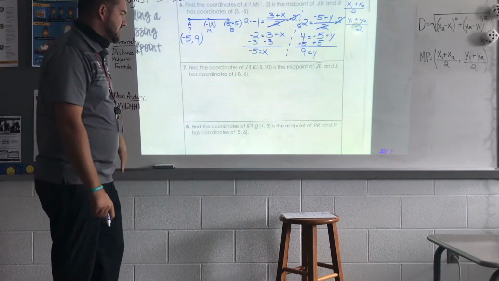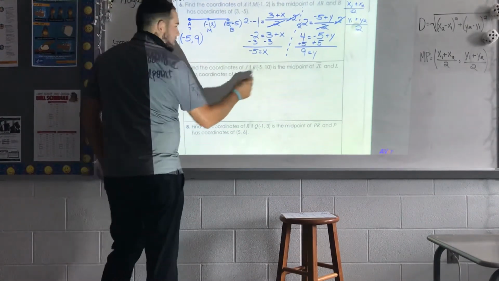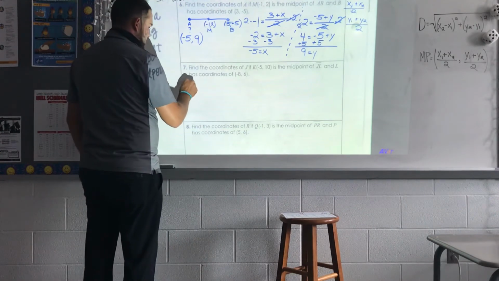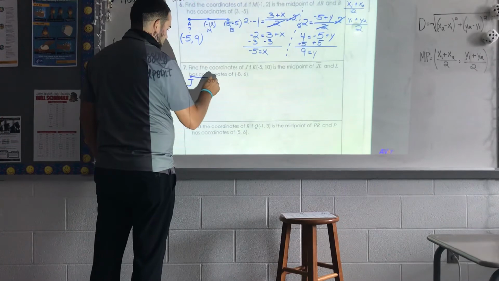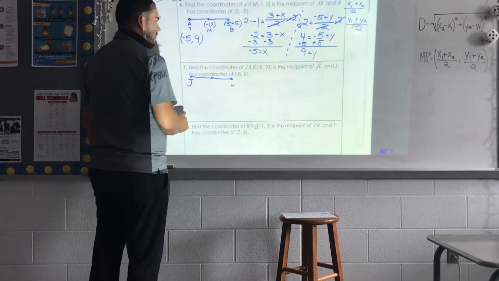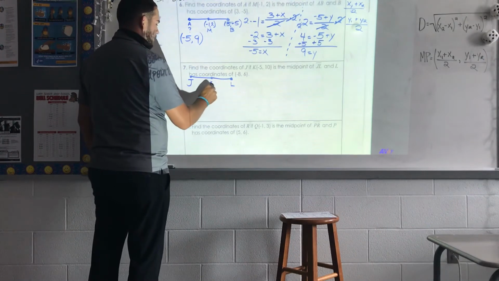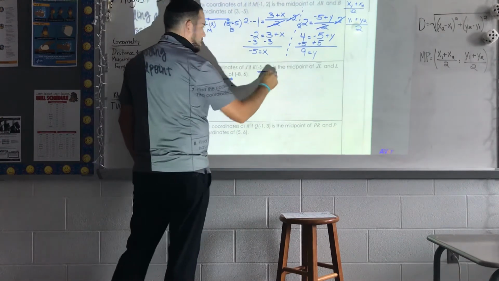Now we'll do another example with you here. We go to number 7. Our line is JL with a midpoint of K. We know that K is (-5, 10), right here.